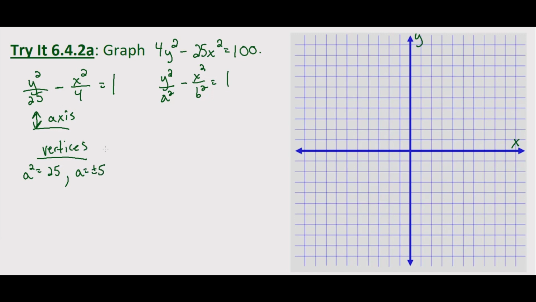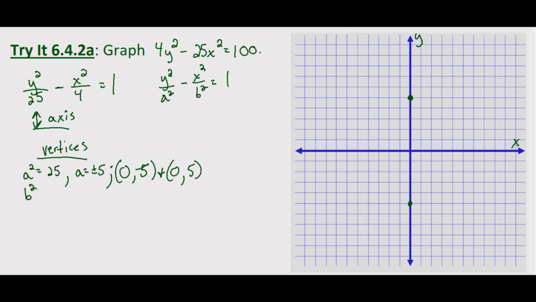And since it's a vertical axis, we're going to be going up and down for these vertices. So that means we're going to have vertices at 0, -5, and 0, 5. So let's go ahead and graph those. 0, 5, 0, -5.